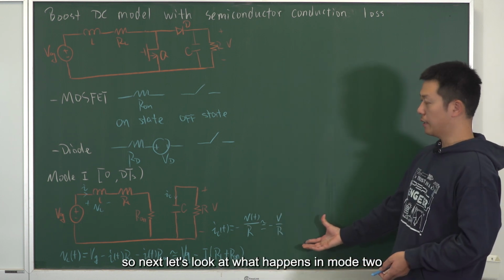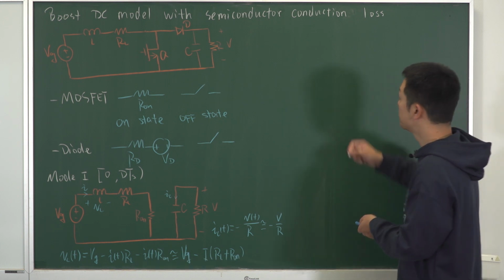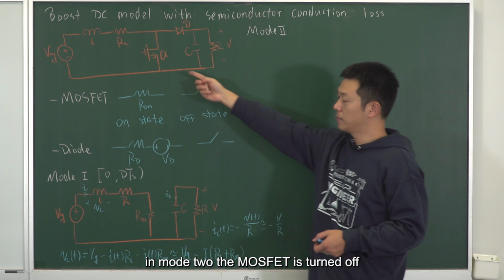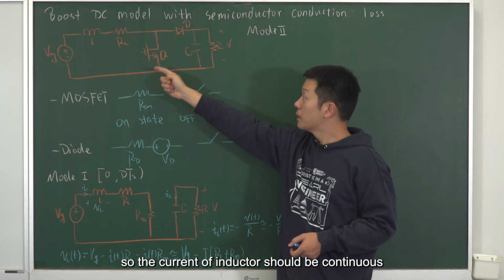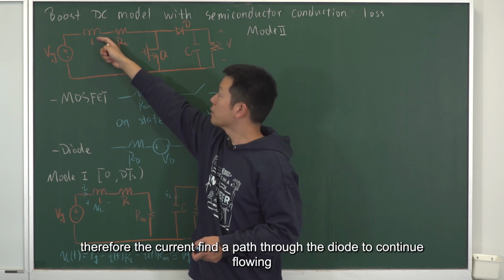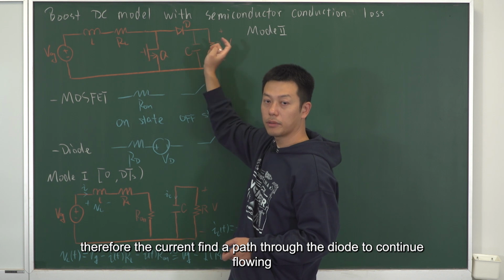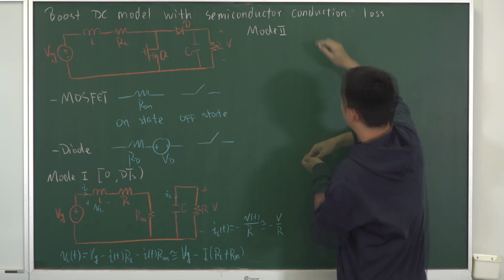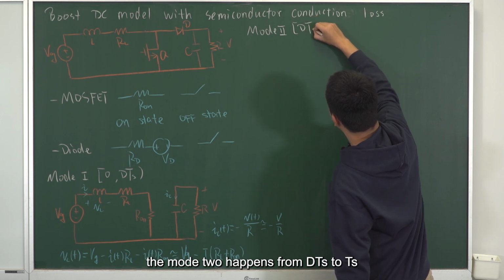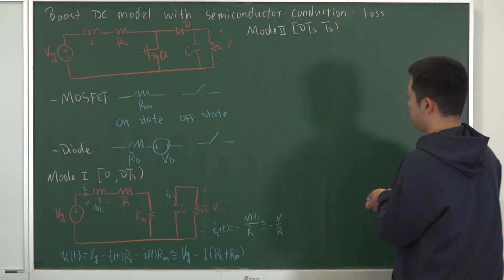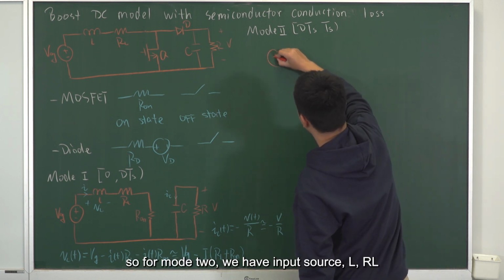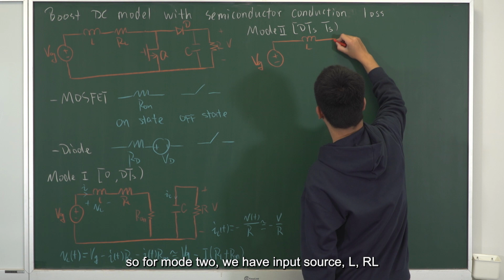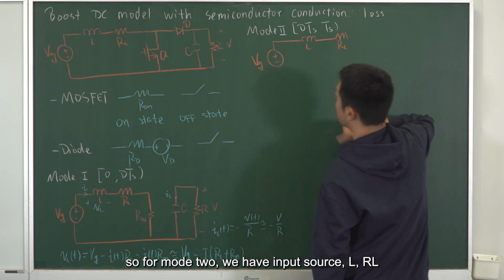So next, let's look at what happens in mode 2. In mode 2, the MOSFET is turned off. The current of the inductor should be continuous, therefore the current finds a path through the diode to continue flowing. So we can plot the equivalent circuit. Mode 2 happens from DTS to TS. We have the input source, L, RL.